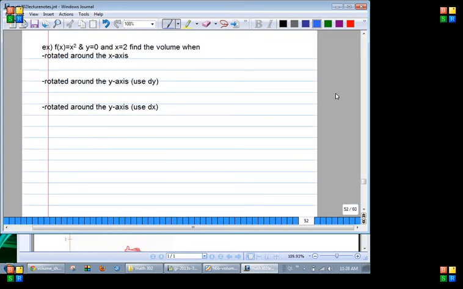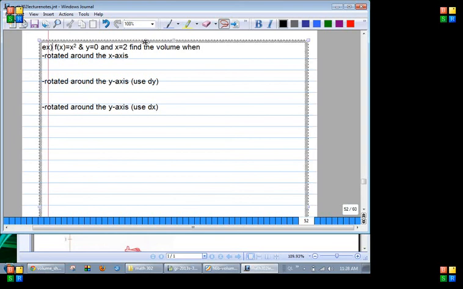So I'm going to give you a simple problem, and we're just going to see how these different methods may all be used at different times. Okay. So f of x equals x squared, y equals 0, y equals 2. Bounded by.